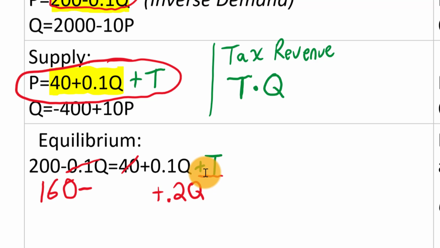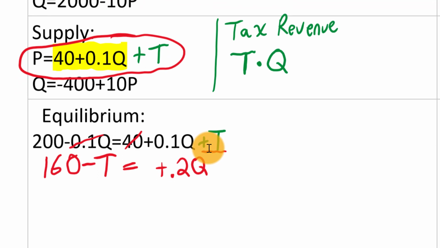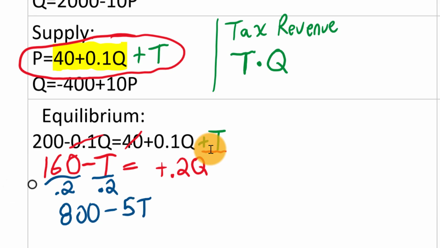We're going to end up with 160 minus T on this left-hand side equals 0.2 Q. Solve this equation by dividing everything by 0.2. And just like we saw before, what we're going to end up with is 160 divided by 0.2 is equal to 800 minus T divided by 0.2. 1 divided by 0.2 is 5, so we're going to end up with 800 minus 5T equals Q.